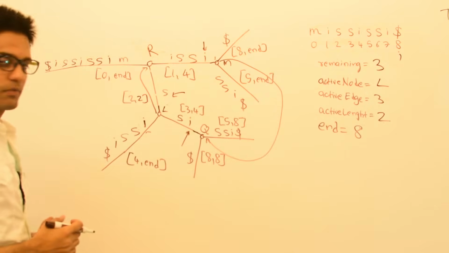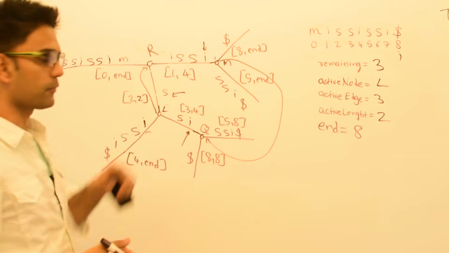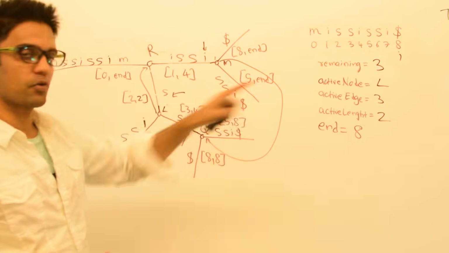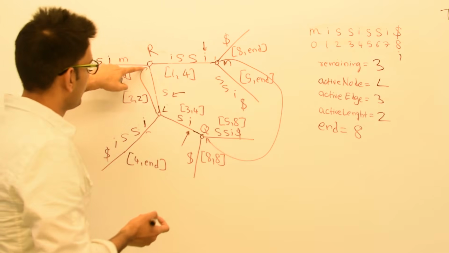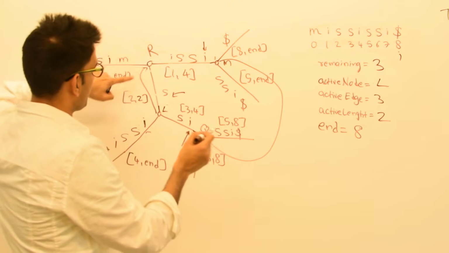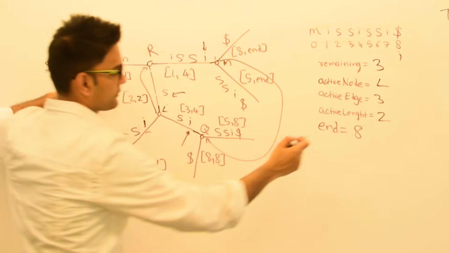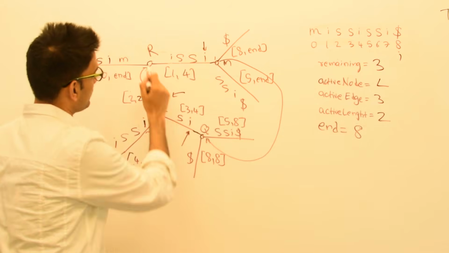Then we check where do we go from here. Since remaining is still greater than 0, we still have to process 3 suffixes. Since the active node is not root, we follow the suffix link and reach root. Then we are going to move 2 lengths in the direction of 3. 3 is S, so we move SI from here.